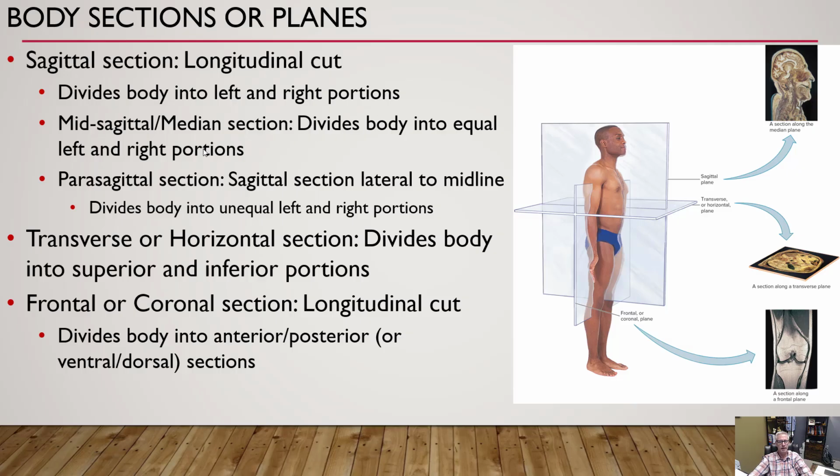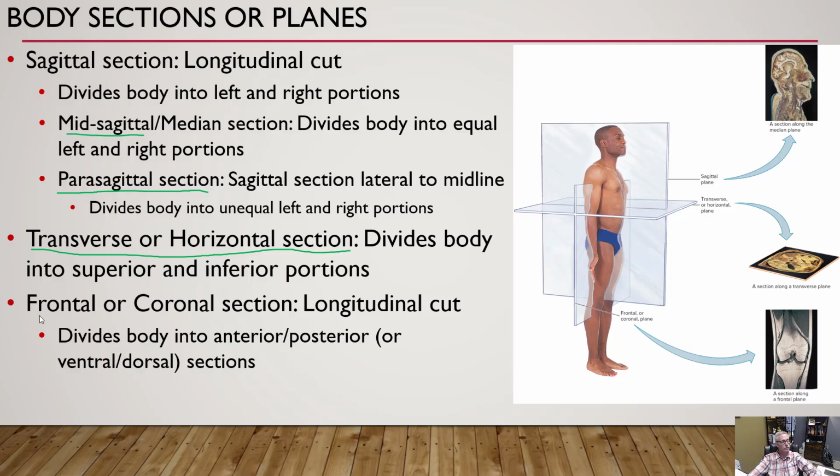You could have a mid-sagittal cut, which would divide the body into equal left and right portions, or a parasagittal section, which would divide the body into unequal portions. If you're looking at your shoulder this way, you would have a parasagittal section. Transverse or horizontal section would just be cutting your body in half in a top to bottom portion.